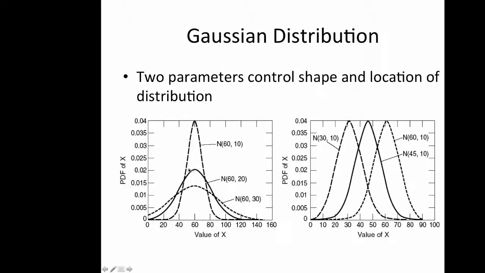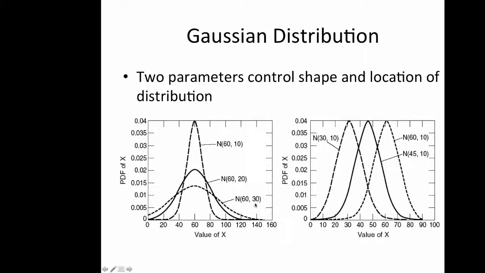So our peak comes down a little bit. Again, we're staying at the central value of 60 for this example. And as we increase the standard deviation, the shape spreads out, so we now get larger amount of density or probability associated with numbers that are farther from the mean value, farther from the central value.